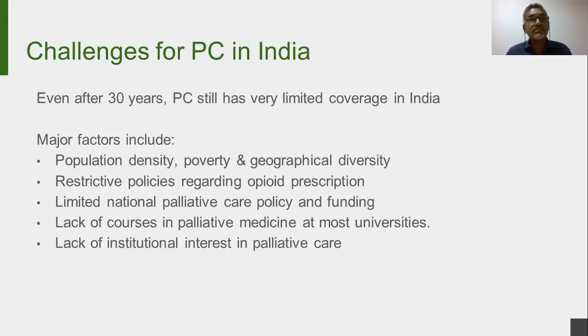Now it is much easier, but still it is not as easy as in some of the other developed countries. So long way to go, and we still don't have a proper policy for palliative care. Even if you look at the entire country, we have hardly 3 states who have declared a palliative care policy: Kerala, Karnataka, and Maharashtra, I believe.